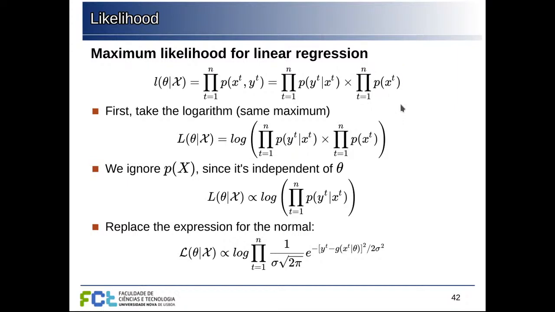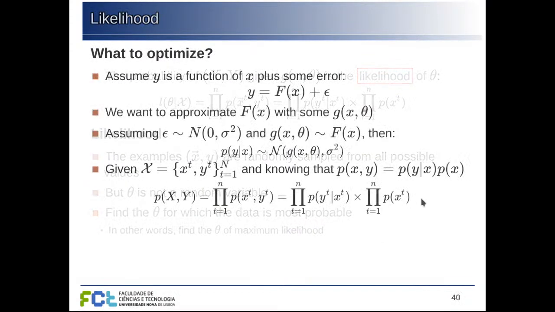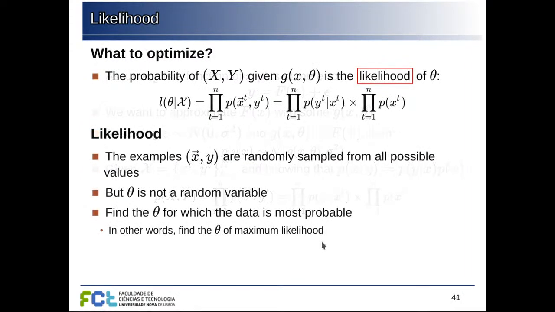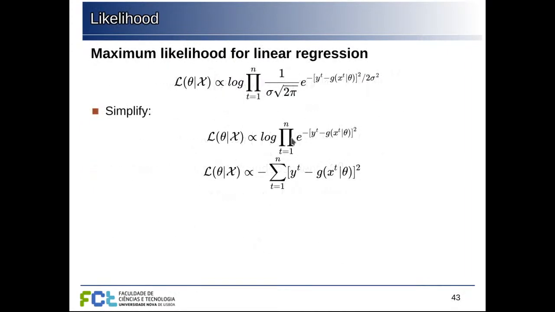Our model doesn't care about that, so this is a constant here. Then when we replace this probability with the probability distribution that our model is assuming, we obtain a particular equation. Simplifying, we obtain this.